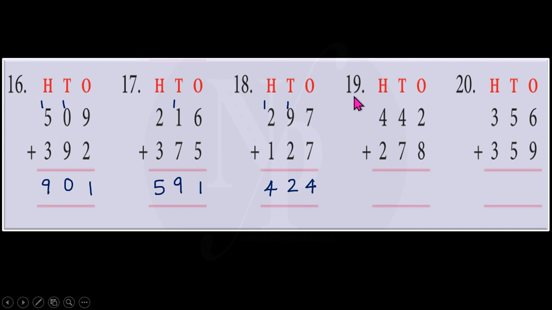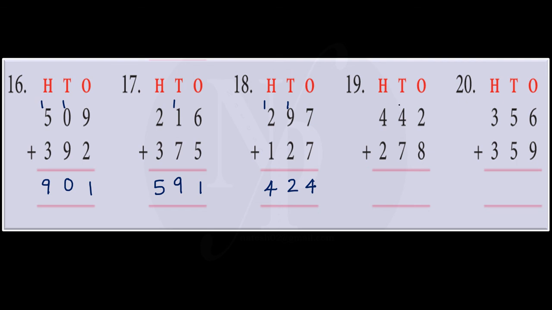Question number 19. 442 plus 278. So we add the digits in ones place. 2 plus 8 is 10 and 10 ones are regrouped as 100 and 0 ones.